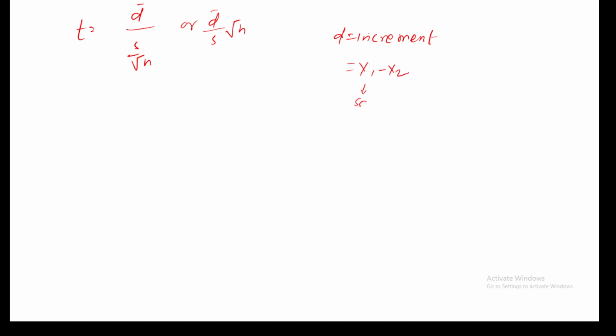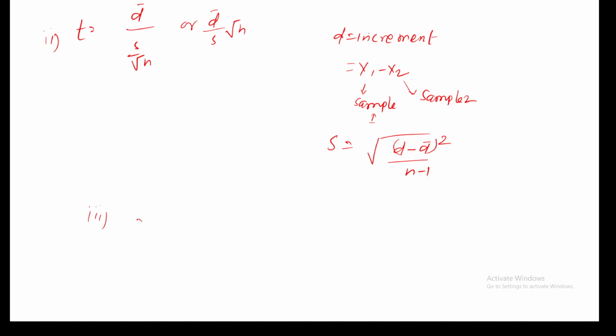So that will be your x1 minus x2, meaning that will be from sample 1, and this will be from sample 2. If we talk about the standard deviation, how will it be? Whatever the decrement, then their mean, then upon n minus 1. This was the second step.